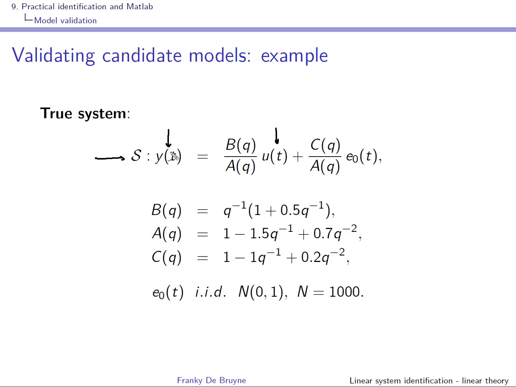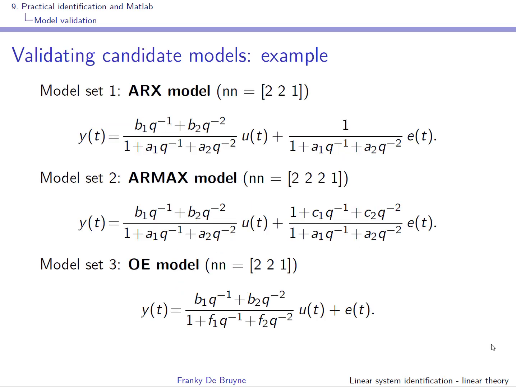And then, since we know the system, we can have a look at the model structures that we have chosen. Are they correct, yes or no, and look at the underlying residual analysis. So this is the plan.